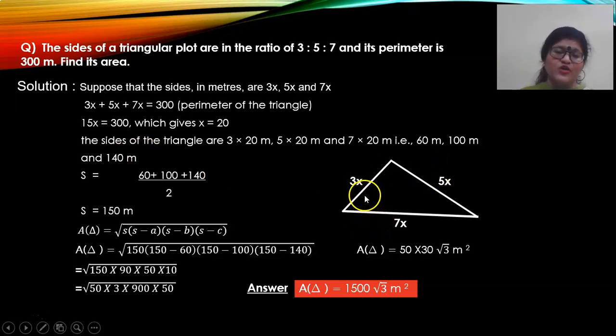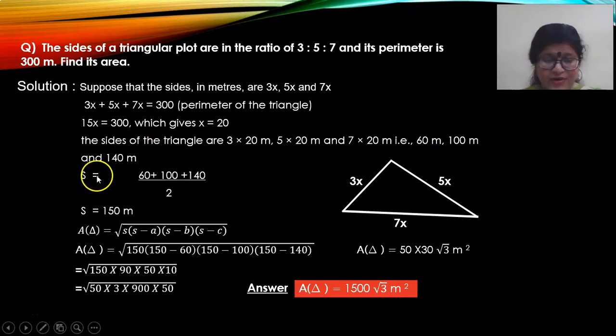Now, once you have calculated the three sides of the triangle, you have to then find out the semi-perimeter. And the semi-perimeter formula is A plus B plus C upon 2. You could mention A as the smaller value, 60, B can be taken as 100, C can be taken as 140.